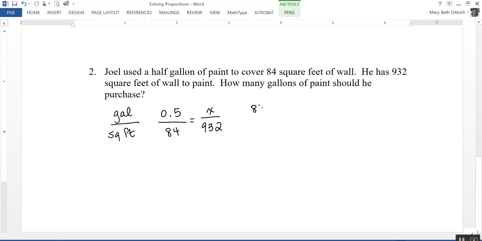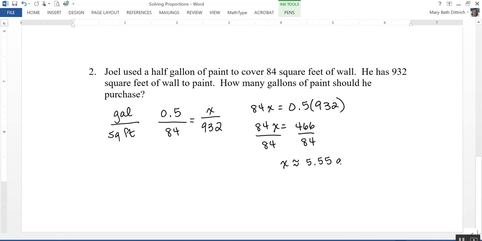So 84 times x equals 0.5 times 932. So 84x is equal to 466, and dividing both sides by 84, I get that x is approximately equal to 5.55 gallons.